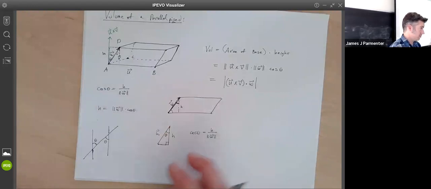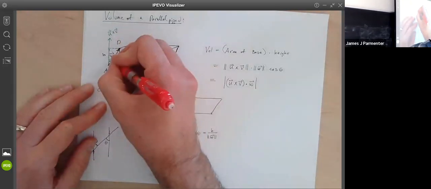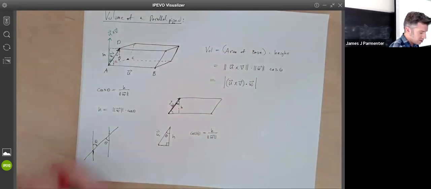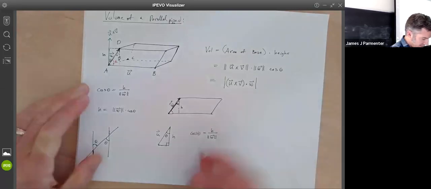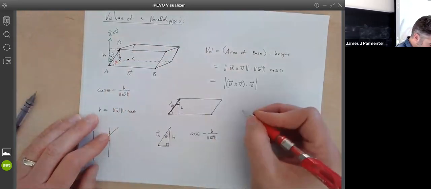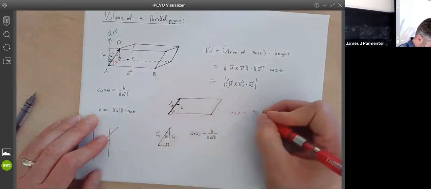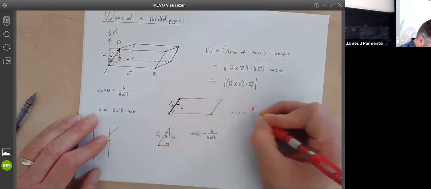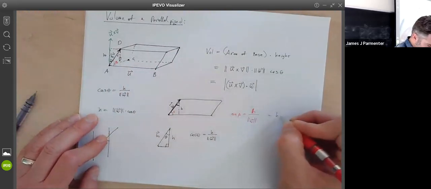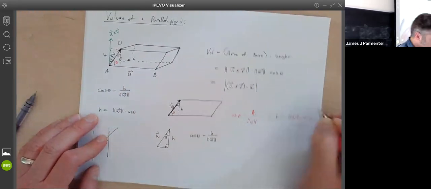Why didn't I choose this angle right here? This is not the one I want, because if I choose that angle, I have to use sine. I'm going to call this angle beta instead of theta. Sine of beta is the opposite over the hypotenuse, and so I could also say that H is equal to the magnitude of W times sine of beta.